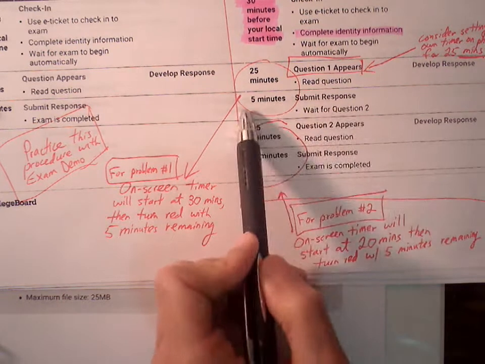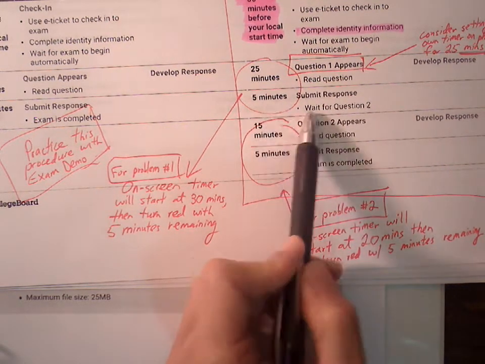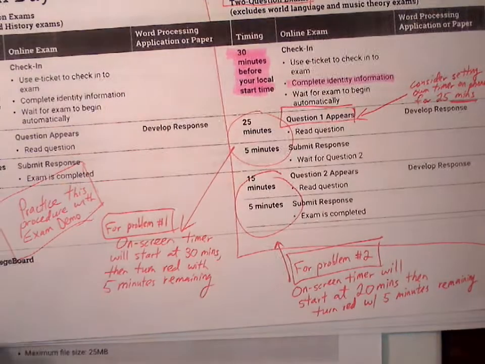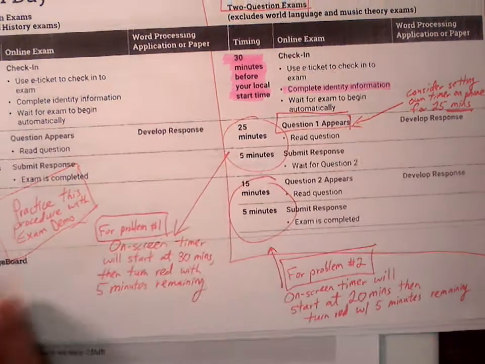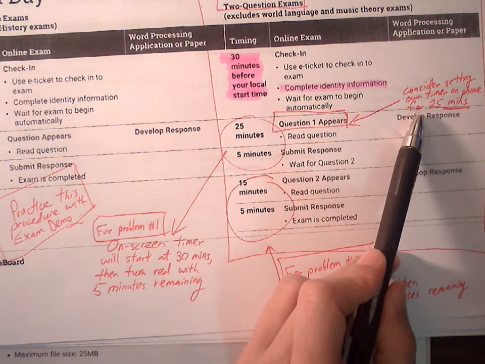So you want to use that full 5 minutes to submit everything you need to submit. And then consider setting your own timer for 25 minutes. That way you have an audio reminder.